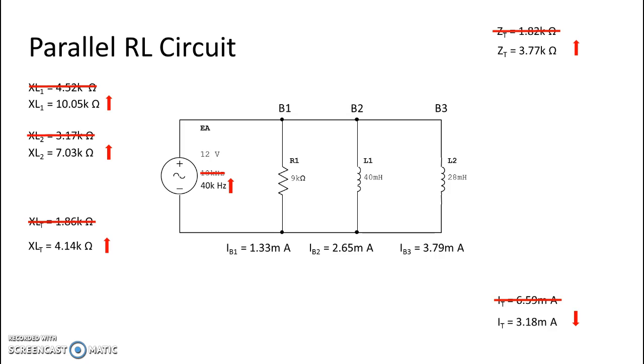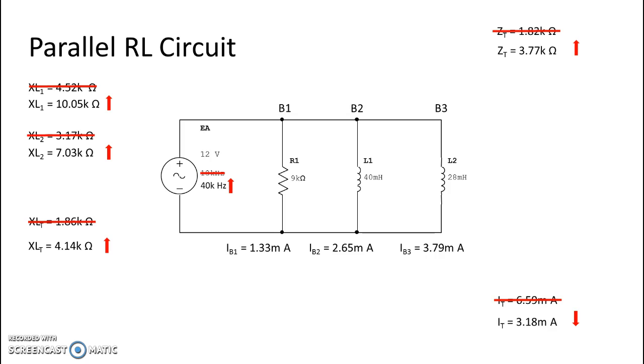If that's messing you up in any way, feel free to work some of these numbers out on your own using the same process that we used for the previous video. So in other words, to get total current, you would just take 12, which is the applied voltage, divided by that new ohmic value of 3.77 k ohms, which is what gives you the 3.18 milliamps.